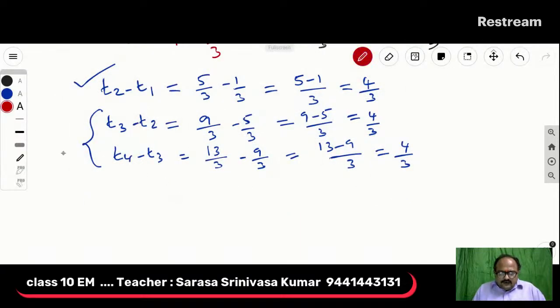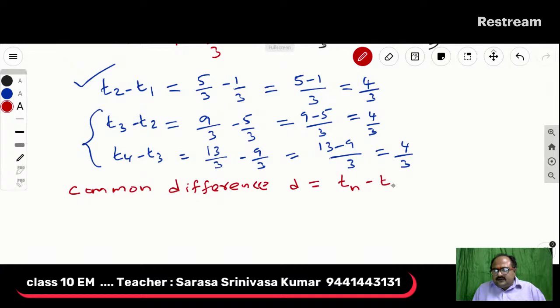Now we write the common difference D equal to Tn minus Tn minus 1. Instead of Tn minus 1, you can write T2 minus T1. D equal to T2 minus T1, that equal to T3 minus T2.